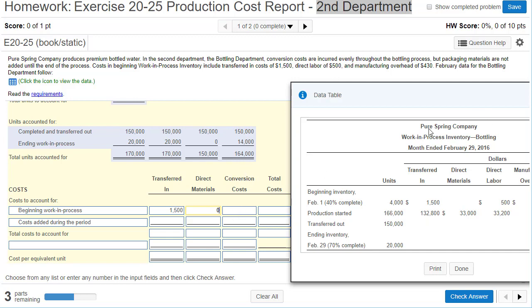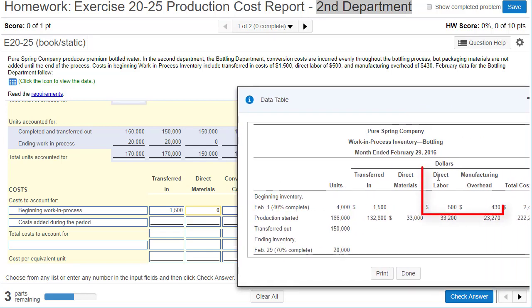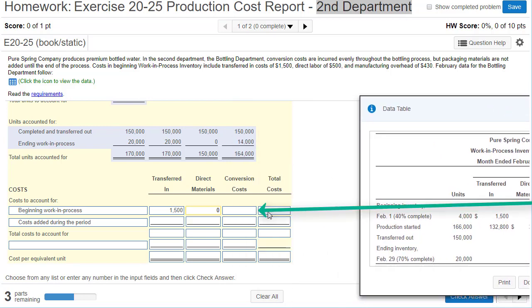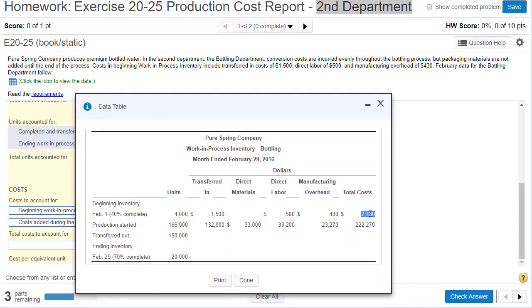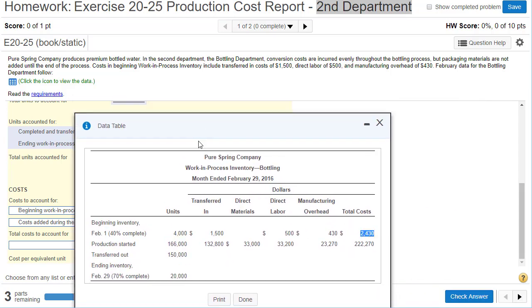Now remember, conversion costs are two things. They are direct labor plus manufacturing overhead. So we have to add these two together. So that's $930. And total costs, you can either add these three up, or you can just get it from here. Total costs.